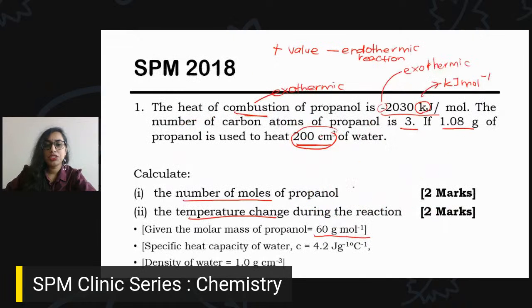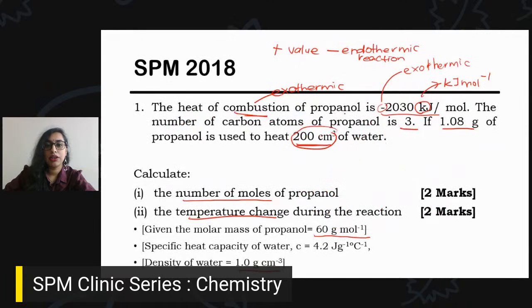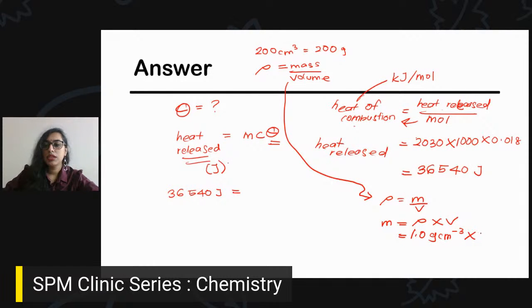In the question, they have given you the density of the water, which is 1.0 gram per centimeter cubic, so 1.0 gram centimeter negative 3 times the volume that they have given, which is 200 centimeter cubic. This one and this one will cancel, so you will get 200 gram. So this is how you get 200 gram.